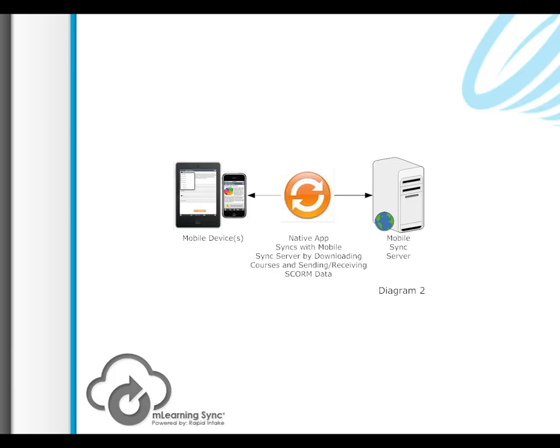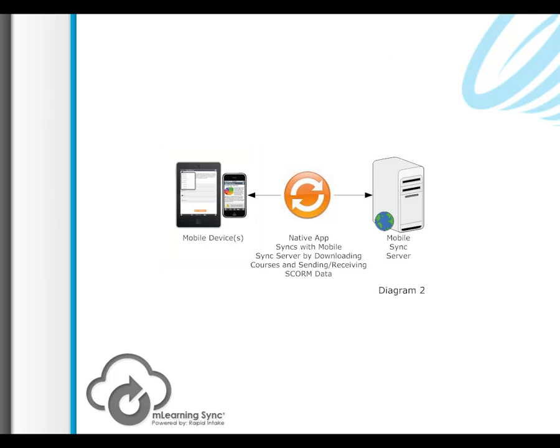The learner then logs into the app and downloads courses to the native app, where they take the course offline, and then once they are back online, they can synchronize back with the mobile synchronization server, which tracks all of their learning information and data, such as their score, and this gets synced back to the server so that you can run reports.